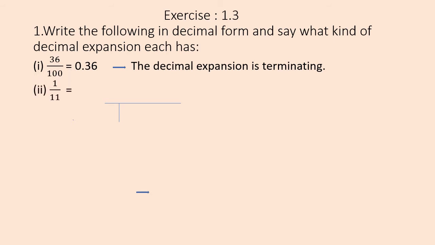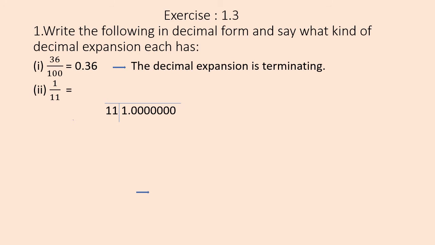Moving to question number 2, 1 upon 11. Here the denominator is not a multiple of 10. So you have to get the decimal form by doing the long division method. So you have to divide 1 by 11. 11 is the divisor and 1 is the dividend.